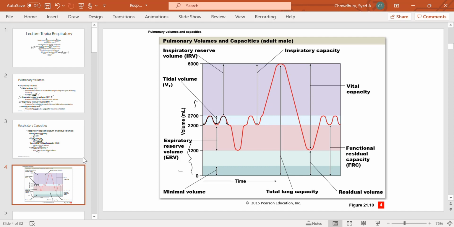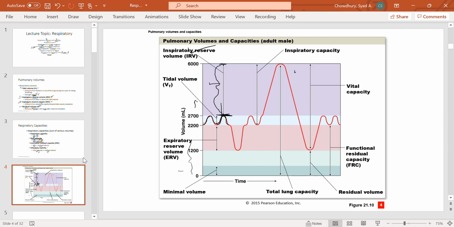Now this one, you see inspiratory reserve volume, the volume you can inhale after normal. So from here to here, how much you can take by forceful inhalation. So this is normal inhalation 500, and here normal ends, then you take forcefully this additional volume here.